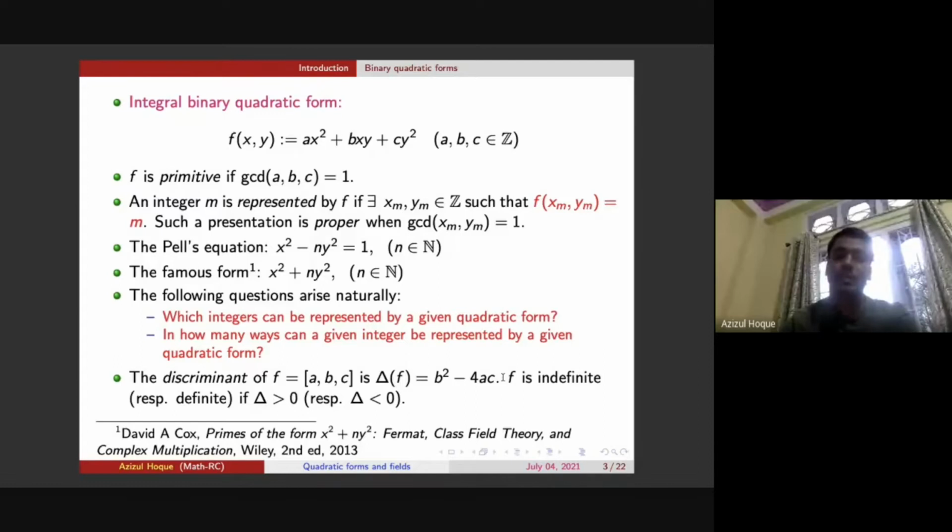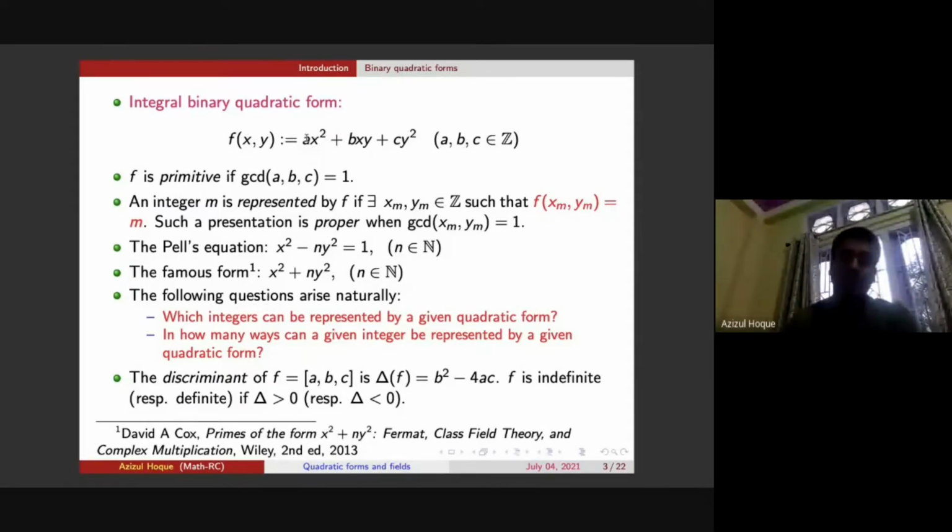If the discriminant is positive, in that case this represents both positive as well as negative integers. That is why the form is called indefinite. Otherwise it is definite.